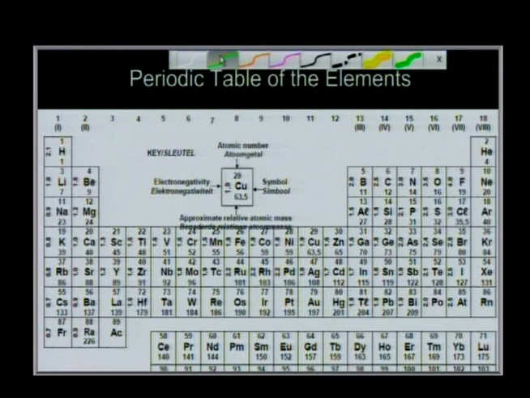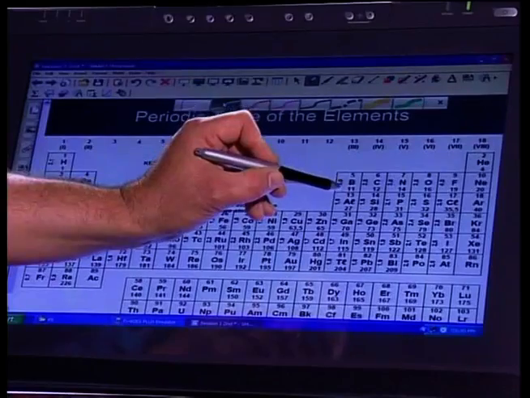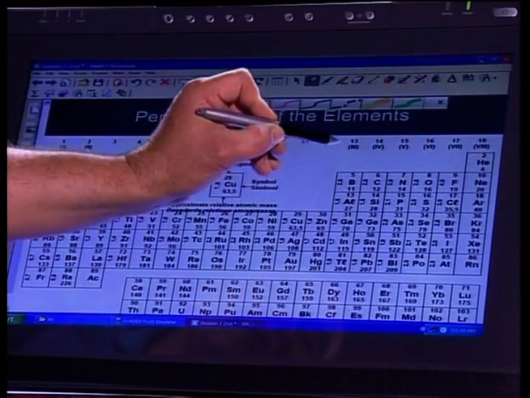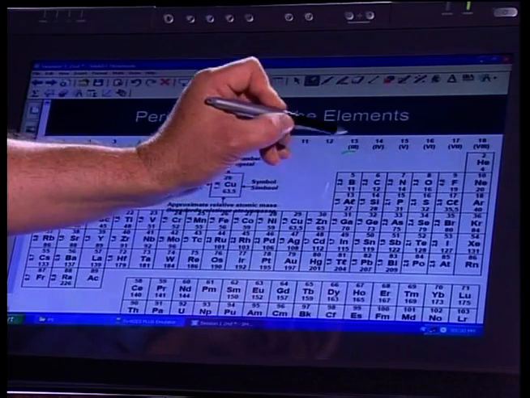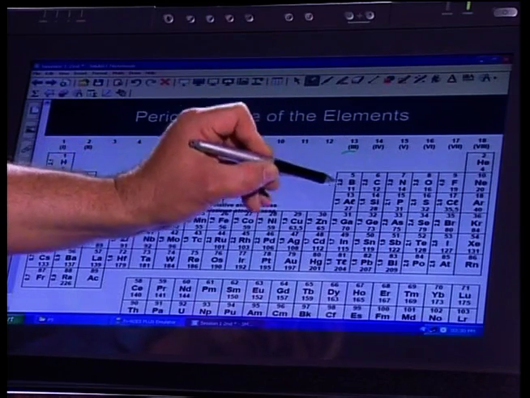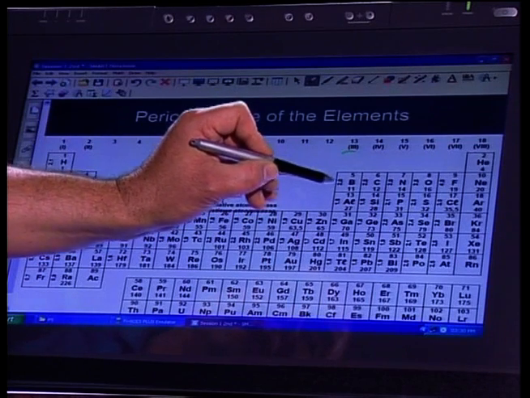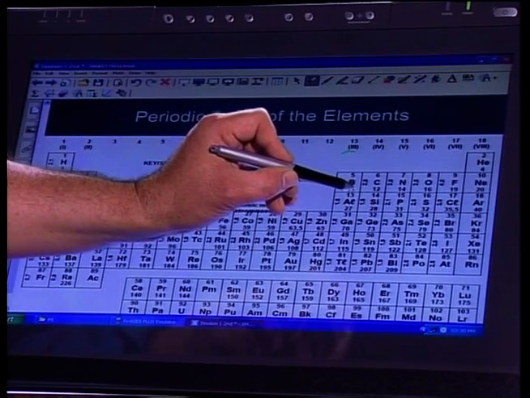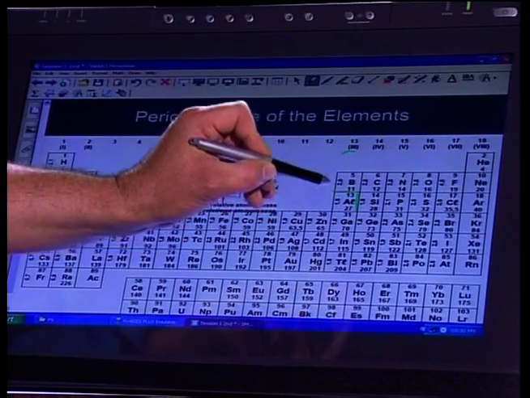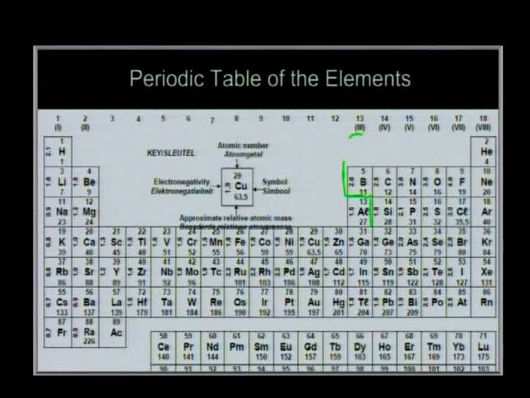So over here, all the way up until group 3, or 13. So these are the metals. We've got some semi-metals as well over here. There's the start of the semi-metals. So everything on the left-hand side of this is a metal.